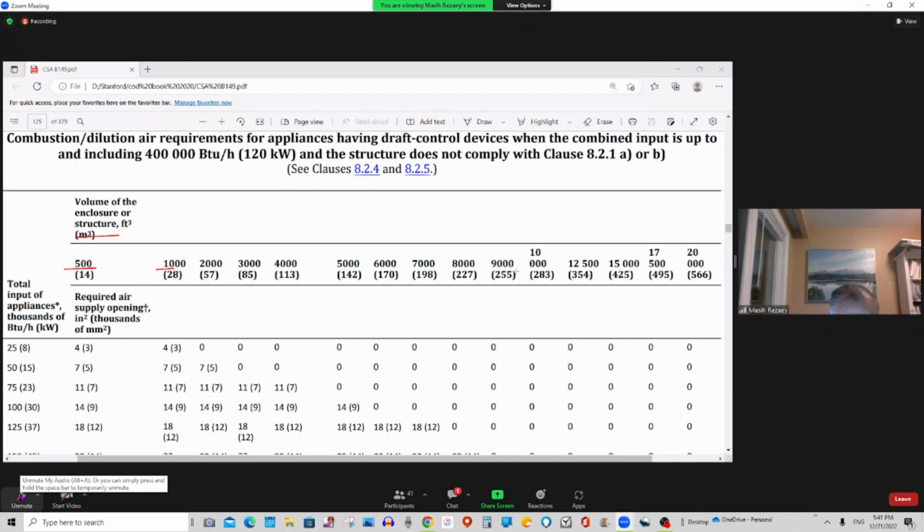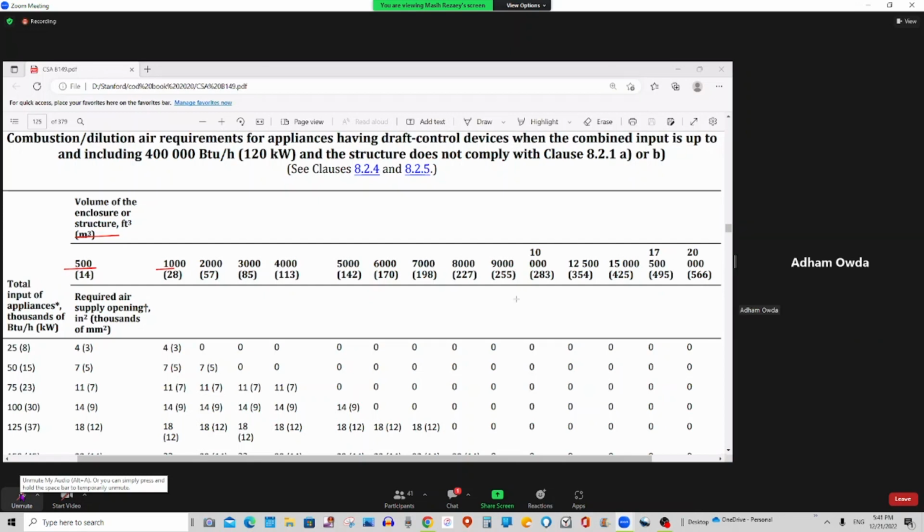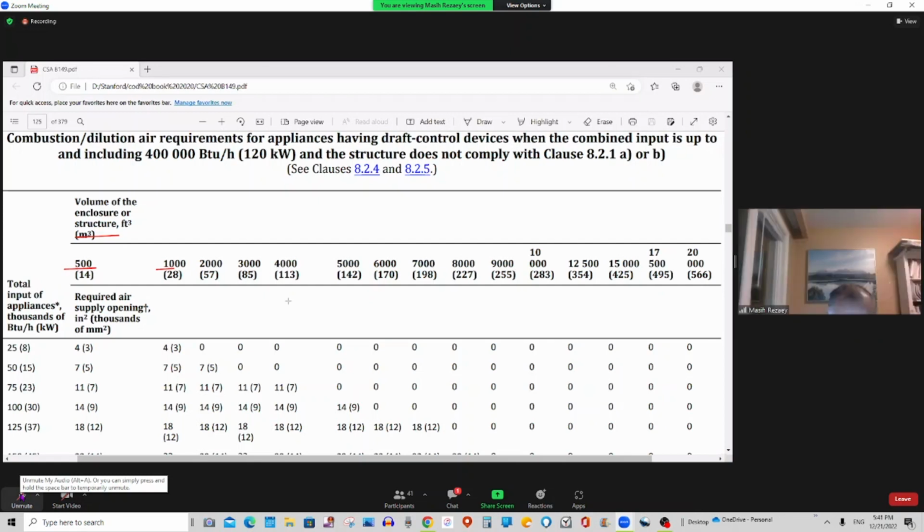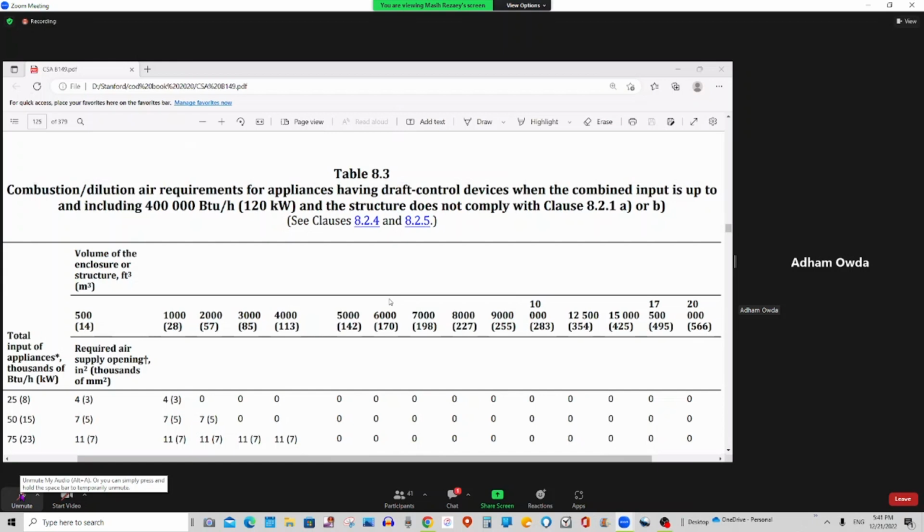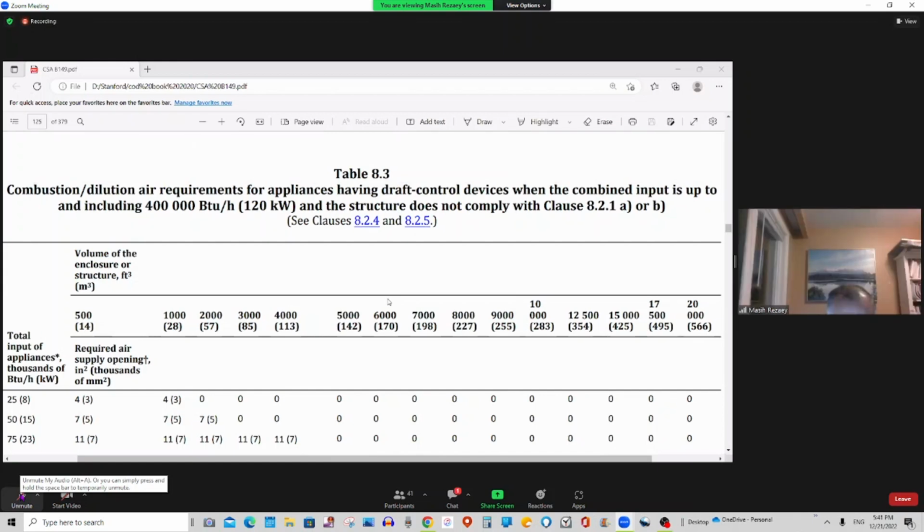The air can come in and go out everywhere. Now we understood that this table is with regard to a loose house, and 8.3 is also with regard to the appliance with control device, which means natural draft with draft control.